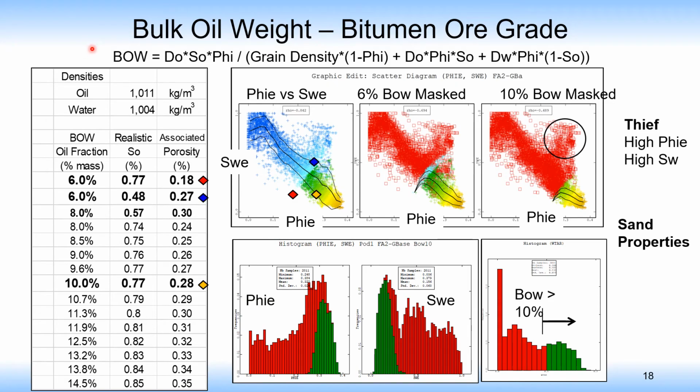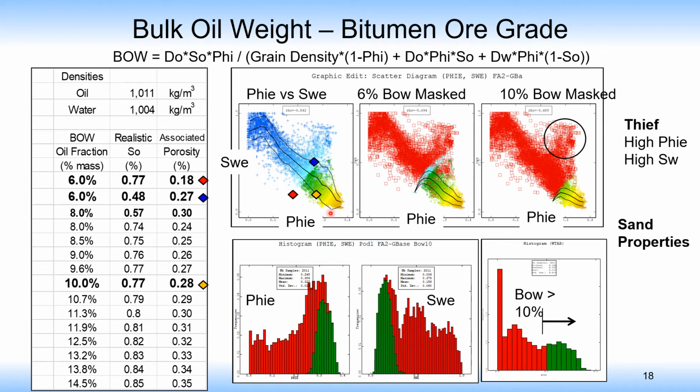Going into more detail on bulk oil weight, this is the weight of the bitumen over the sum of the weight of the grains, plus the weight of the oil in the pores, and the weight of the water in the pores. So that's bulk oil weight. And here we have a plot of saturation versus porosity, color-coded by the bulk oil weight.